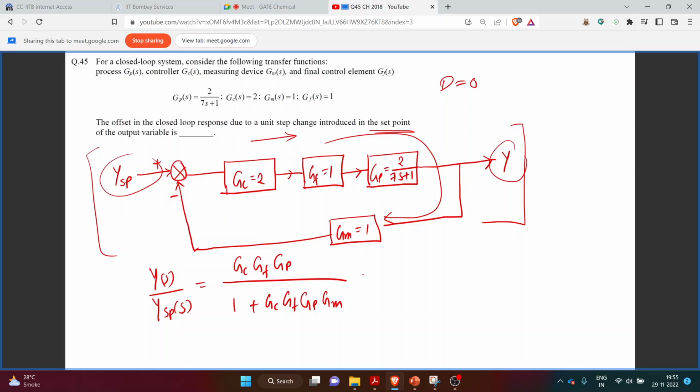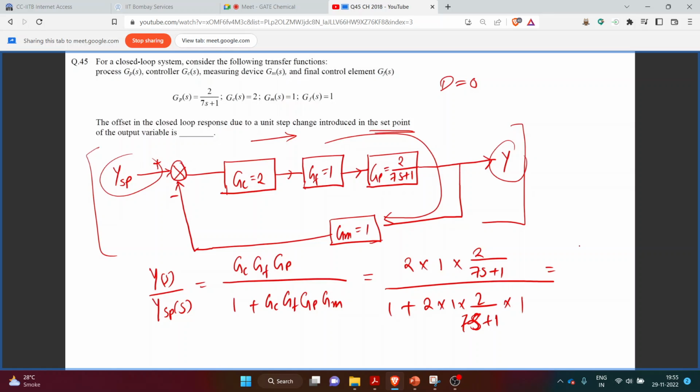So we can replace the transfer function of this individual element and then simplify it. So let's just replace it. 2 into GF, the final control element, is 1, then GP is 2 upon 7s plus 1, upon 1 plus 2 into 1 into 2 upon 7s plus 1 into GM is 1.